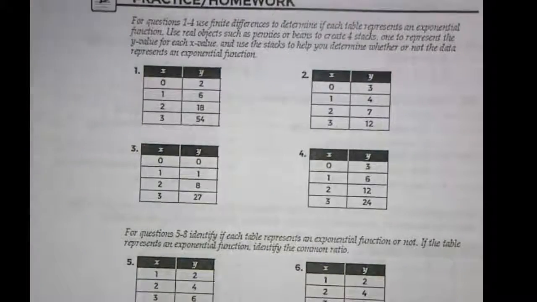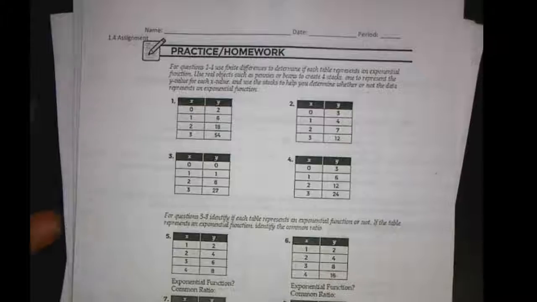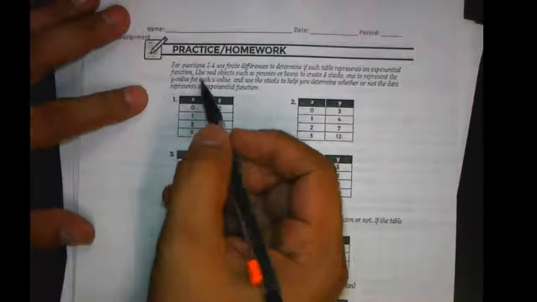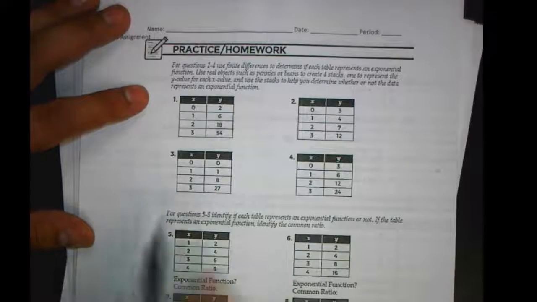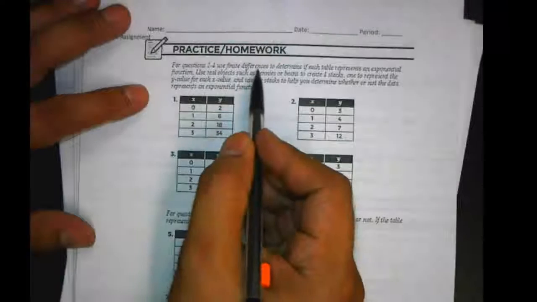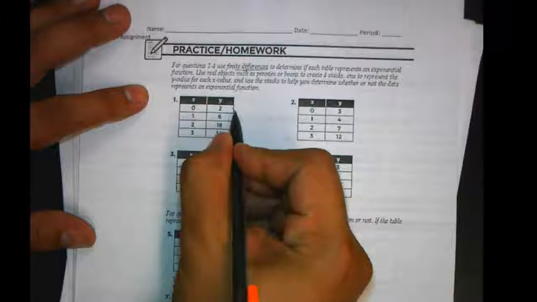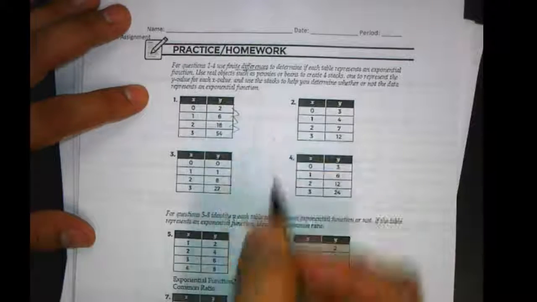So, if you take a look at your assignment, 1 through 4, let me explain the instructions. Is everyone listening? It says use finite differences, meaning, again, differences is not multiplying.